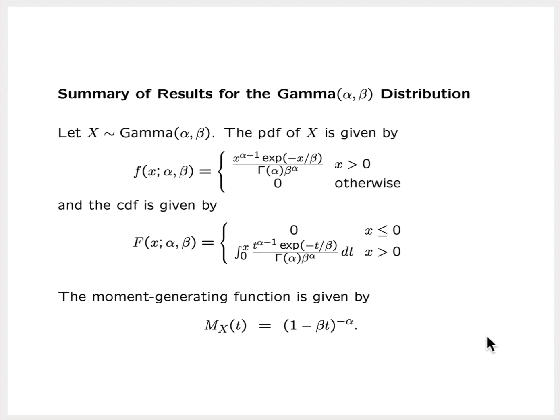Now, there's more that we could learn about this distribution. For example, now that we have the moment generating function, we could use it to generate the raw moments, the first 4 raw moments. From those first 4 raw moments, we could find the variance. We could find the third and fourth central moments.